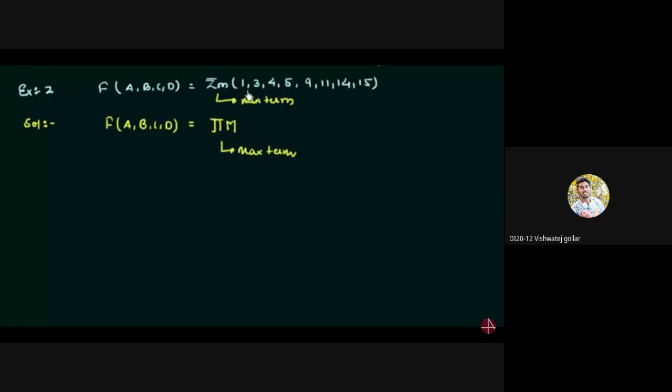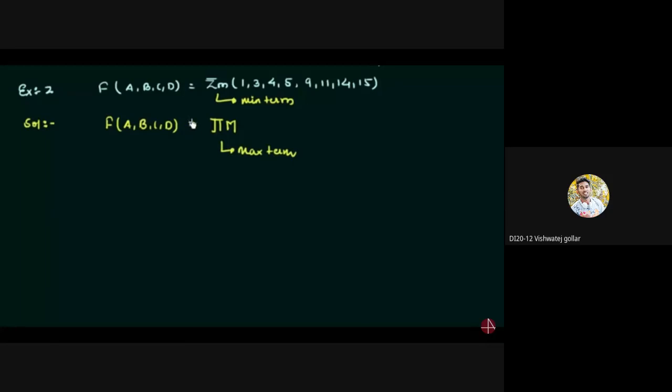minterms are obtained by the ones when the function is 1 in your truth table, and maxterms are obtained when the function f is 0 in your truth table. So actually these values 1, 3, 4, 5, 9, 11, 14 and 15 are representing that the function f is 1 for m1, m3, m4 up to m15.